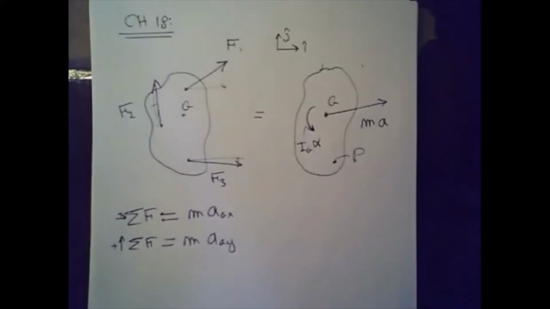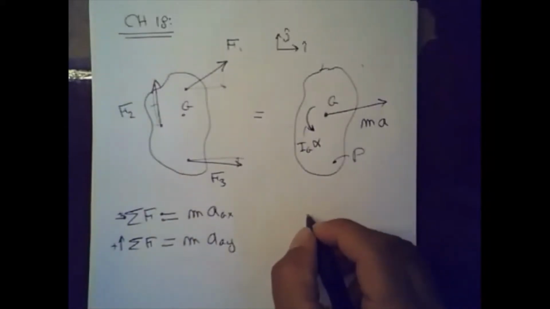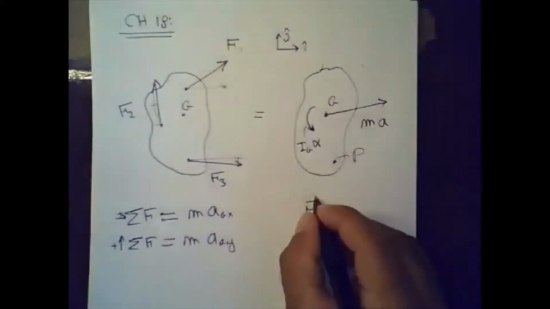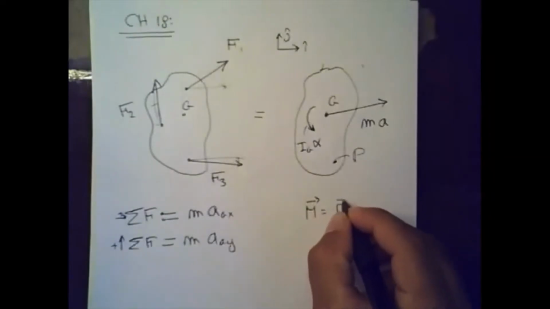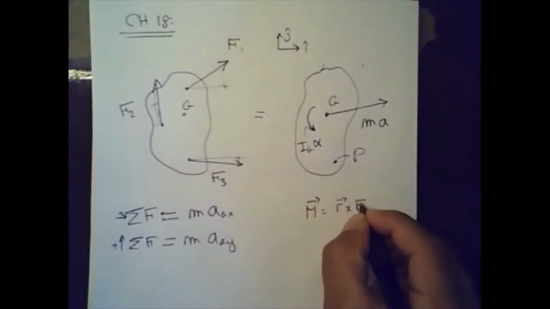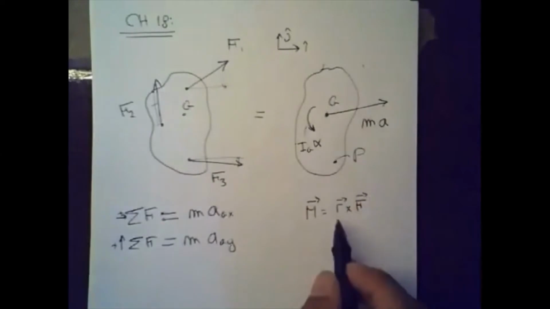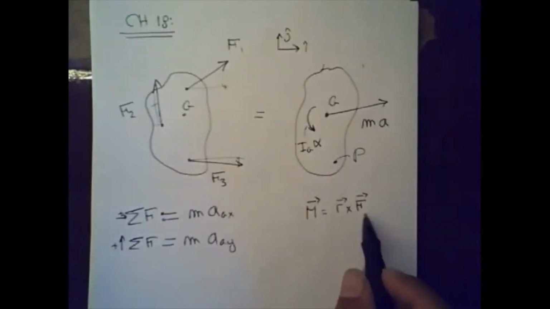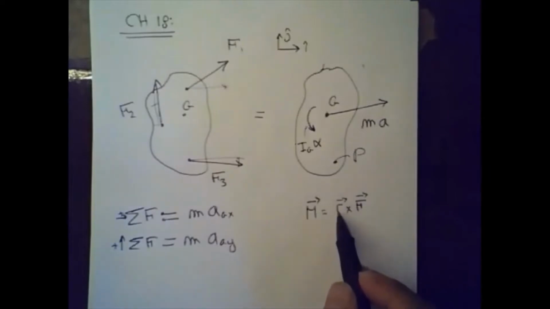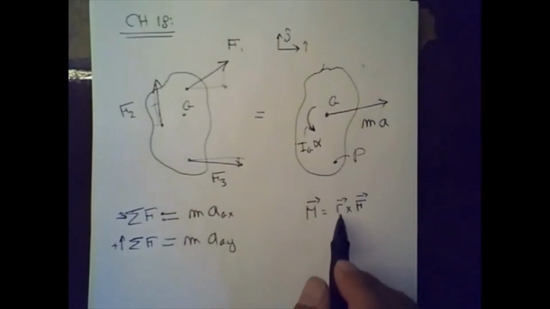The definition of moment is R cross F. When you are finding the moment of a force, essentially you are multiplying the force times the distance, where R here is the perpendicular distance between the force and the axis that you are choosing.